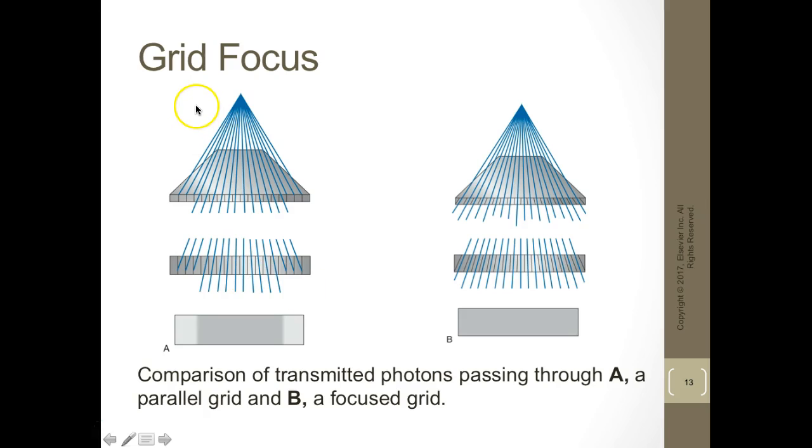This is a focused linear grid, so you can see the lines are going lengthwise, the length of the grid, and you can see that it's angled here. Well, this is straight, so this is a parallel grid, a linear parallel grid, so all the lines are going straight up and down.